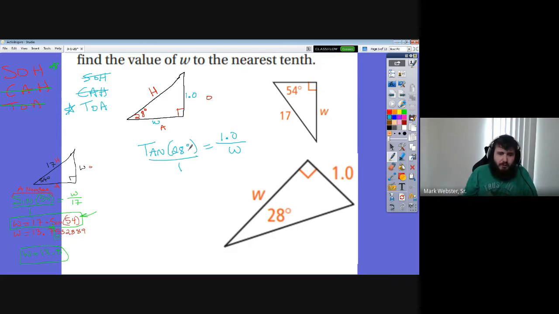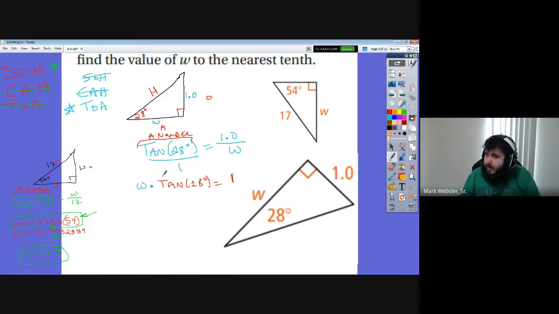So once again, we're going to multiply. We get W times this number. Remember, this is a number, right? This is its own number already. Don't mess with it. This is already a thing. Don't mess with it. So W times tangent of 28 degrees equals 1 times 1 is 1, right?